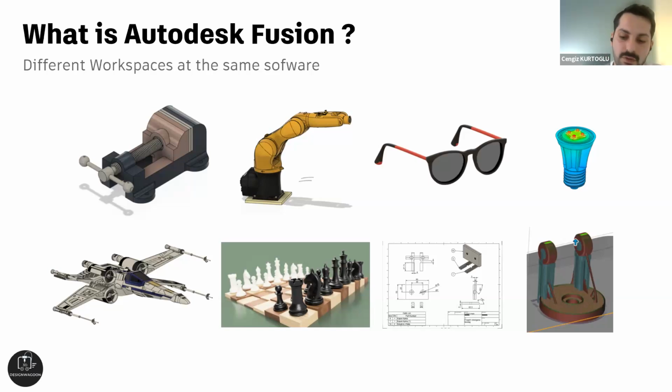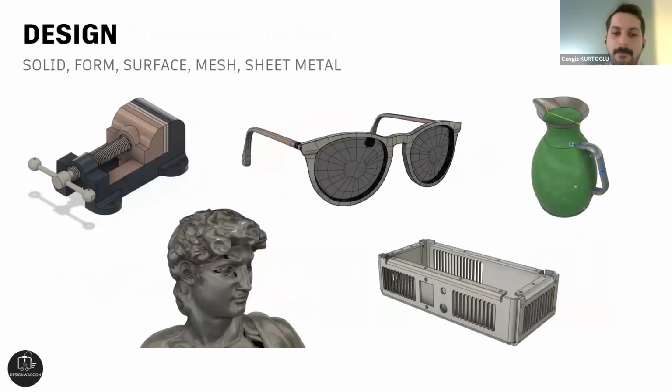But we will start with design modeling. Well, today in detail, we have a project about creating a robotic arm and table vise mechanism. I will show you in the later presentation.